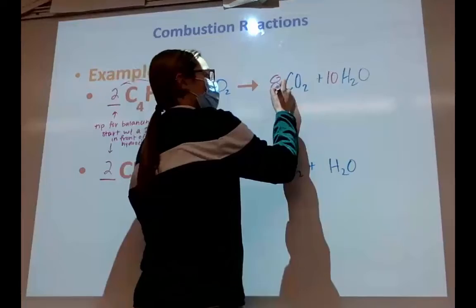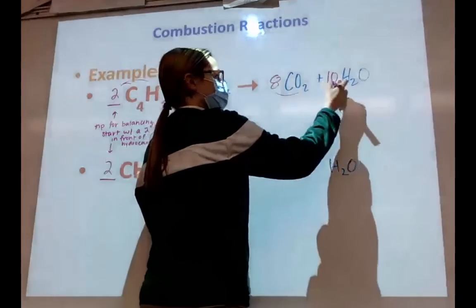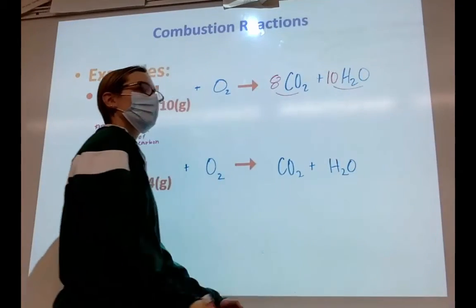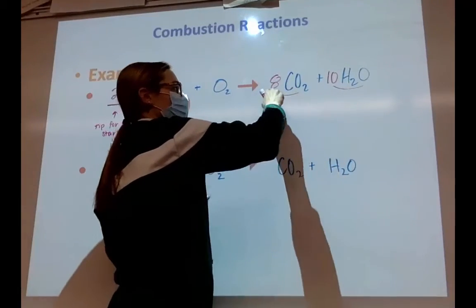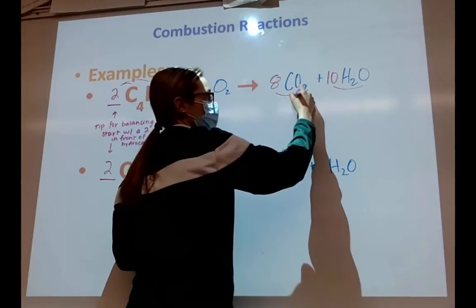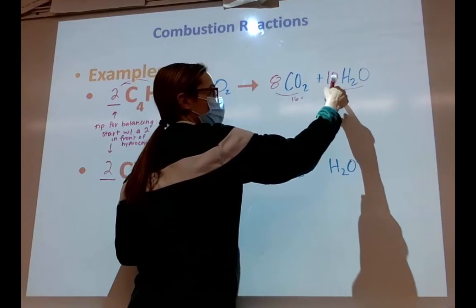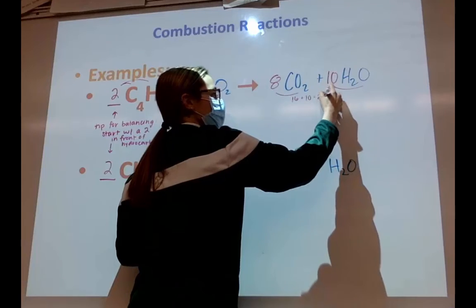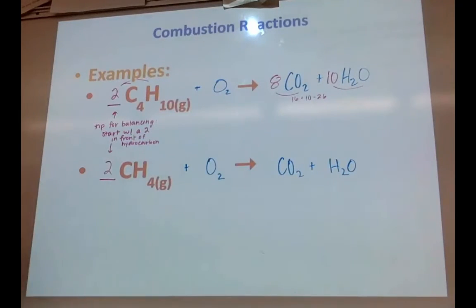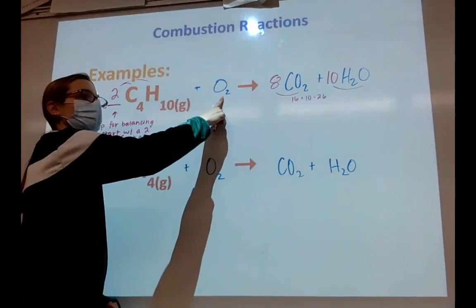Now when you're looking at oxygens, remember I have oxygens in 2 places. So we have to add up all of our oxygens on the product side. 8 times 2 is 16. 10 times 1 is 10. So there are 26 oxygens on the right-hand side. Here there's only 2.